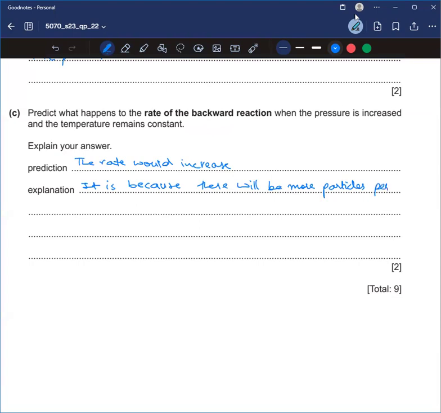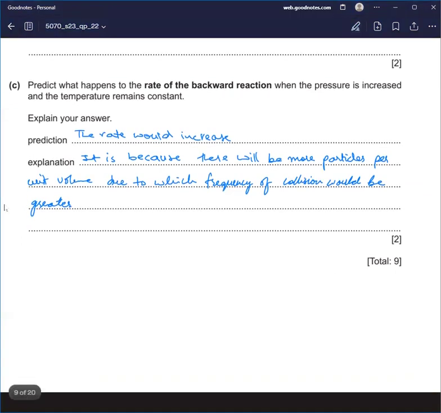Because we are talking about pressure, so we'll consider volume as well, per unit volume, due to which the frequency of collision would be greater.